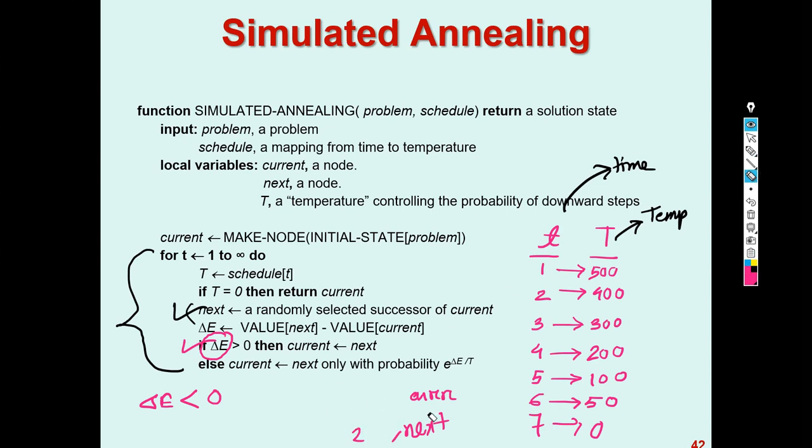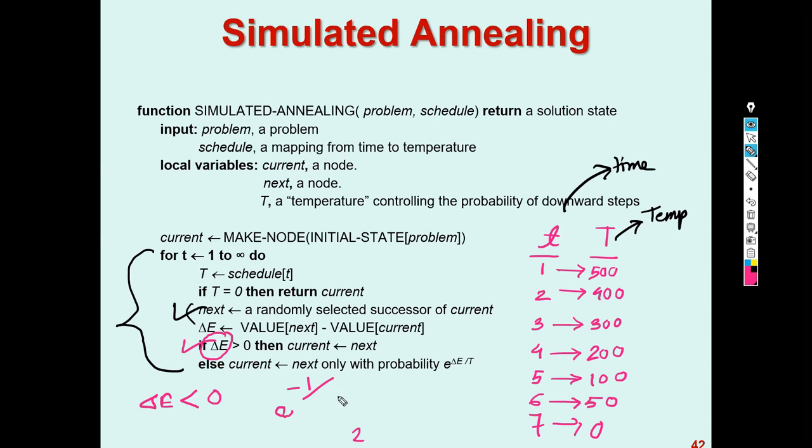Let's say for a higher temperature, let's calculate the probability value. For a higher temperature, the value would be e to the power del E divided by T, and since we're making a bad move, the del E value should be less than 0.